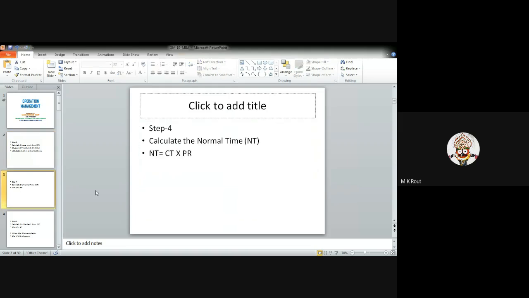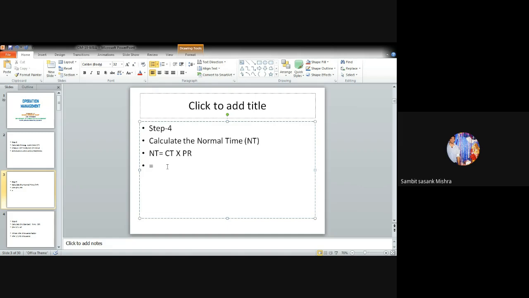Moving to the next one, calculate the normal time. This is the formula for normal time: cycle time into performance rating. The performance rating in case of experienced engineer, how much? Sir, 100%. Okay, I just multiply by 100%. So what should be the answer?